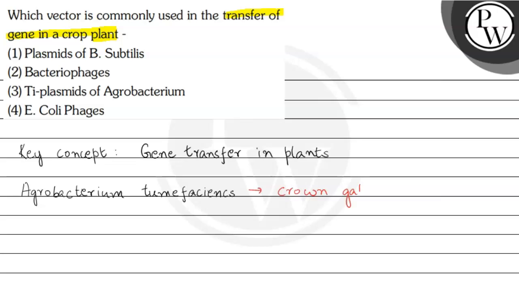So, in crown gall disease, it results in the formation of tumor in plant cells, especially in the stems of the plants.